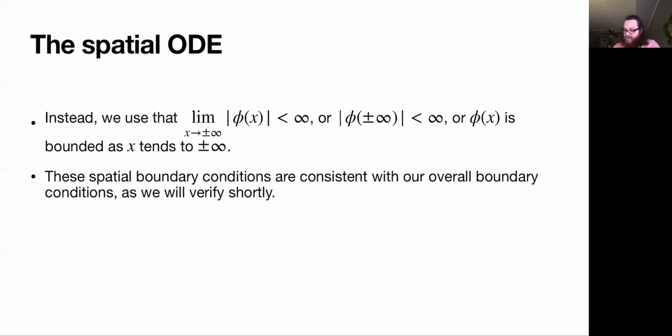Another way to write the same thing is to plug in plus or minus infinity. Those values have to be finite, or phi of x is bounded as you go out to plus or minus infinity. It turns out that using these spatial boundary conditions, everything's consistent. It works with the rest of the framework, which we'll see by actually constructing solutions and verifying that they do work.